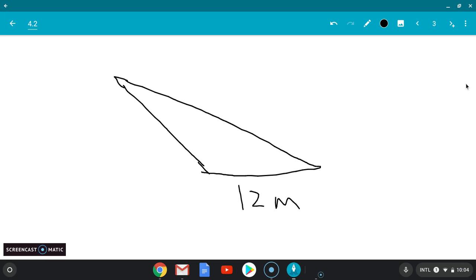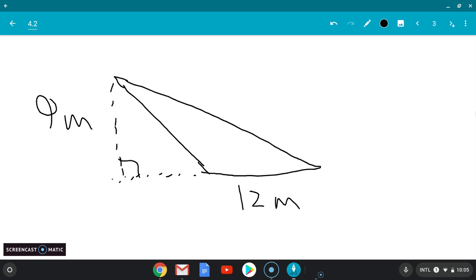So my height is actually shown here, and it's going to be 9 meters, from the lowest level of the triangle up to the highest point. It's not this side, it's just the distance from here up to there. So that's 9 meters.